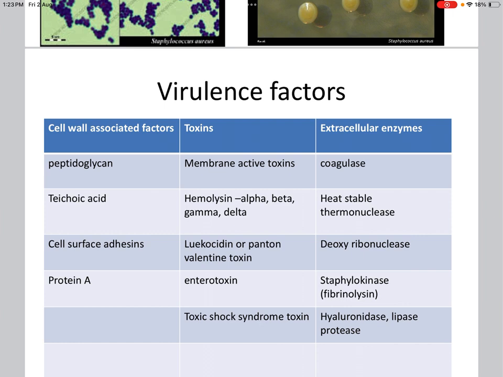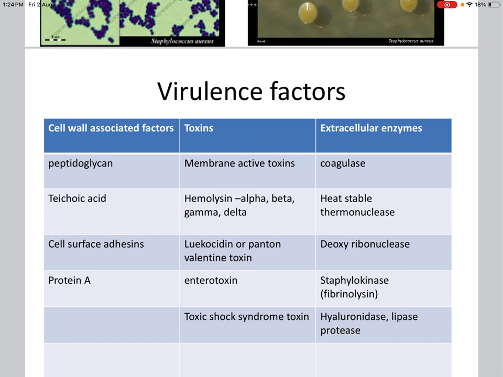And the third one is extracellular enzymes, which are important virulence factors capable of spreading infection, that is coagulase, staphylokinase and lipase enzyme that facilitate infection inside the tissue.